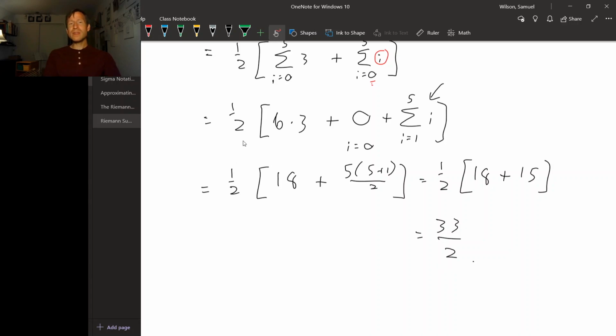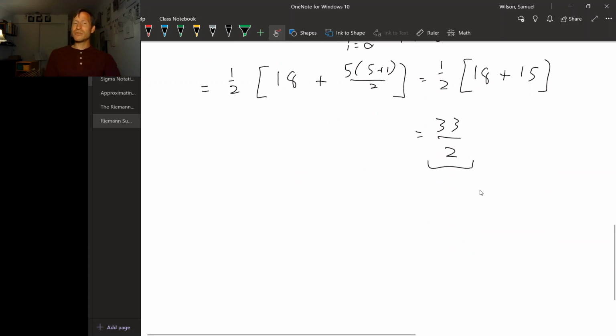So the important thing about Riemann sums isn't so much being able to evaluate them like this, although that is important in some contexts. To get a quick and dirty approximation for the area under a graph, people do actually use Riemann sums in this way.